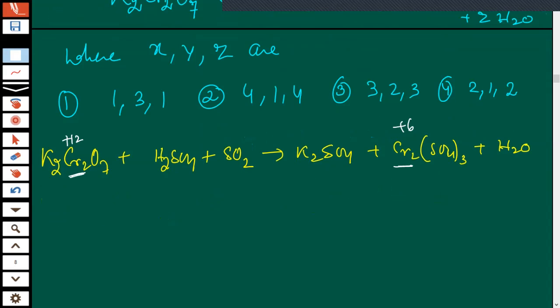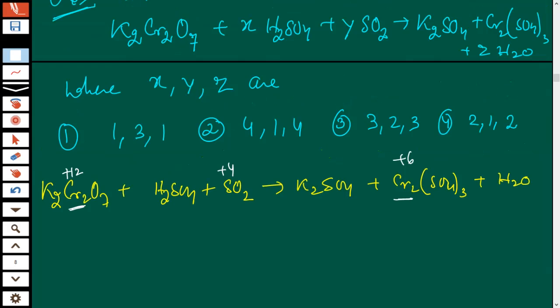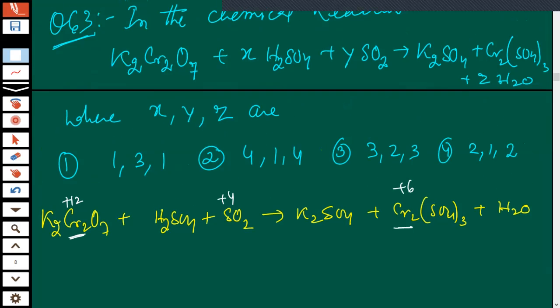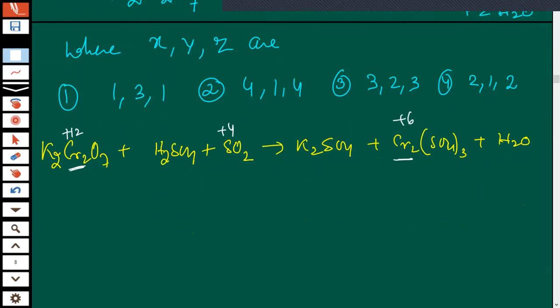Now SO2 is plus 4, and it is moving towards plus 6.